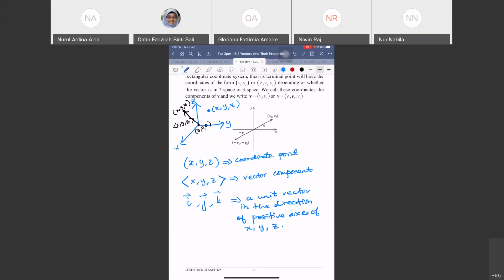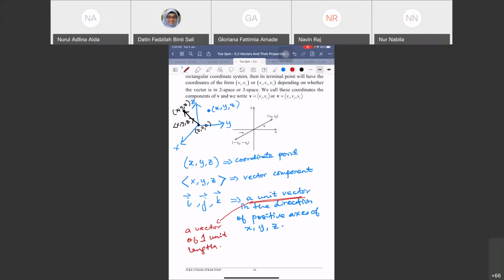And a unit vector means it's a vector of 1 unit length, or 1 unit distance. It has a length equal to 1. This is what it means.